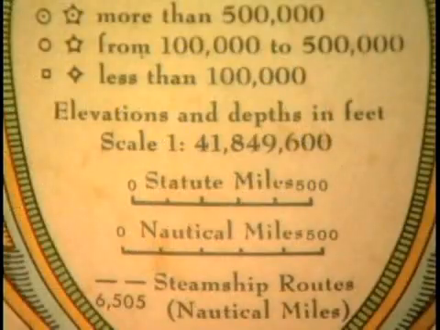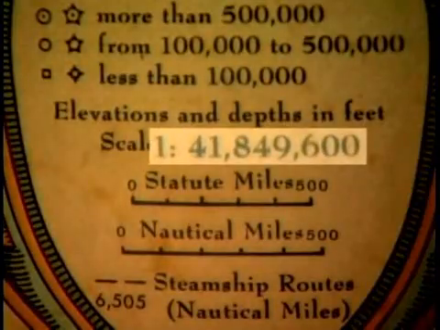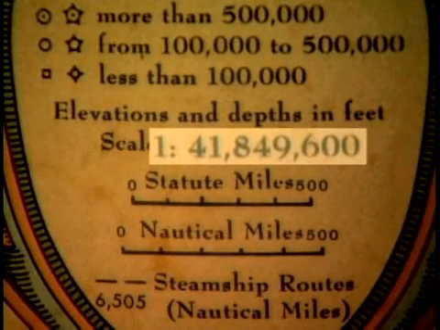Scales are stated as a ratio, here rounded off, 1 to 42 million. The first number of a ratio, generally a 1, represents the real thing. A colon is the ratio sign. The second number, we'll call it n for now, tells you how many of the model are needed to equal the real thing.